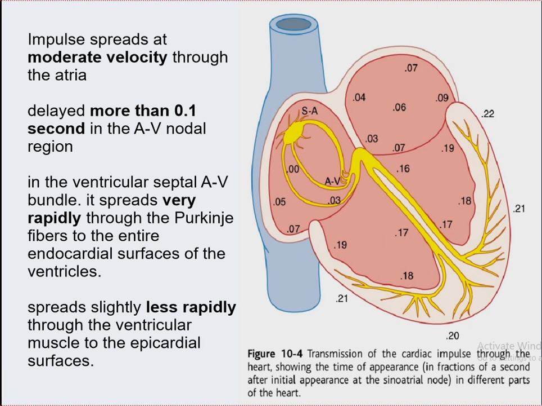If I'm looking at lead 2, its negative is on this side and its positive is in this direction. When the ventricles are repolarizing, the repolarizing wave is moving towards its negative terminal, because its negative is on the right hand. Since the repolarizing wave is going towards the negative, that gives a positive deflection.